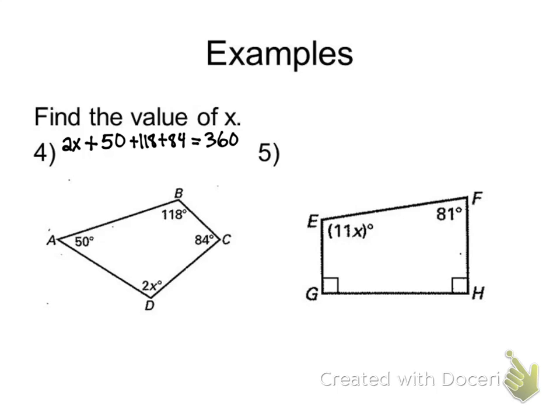All right, how do I solve an equation like this one? What do you do first? Combine like terms. Can someone let me know what you get when you do 50 plus 118 plus 84? 252.